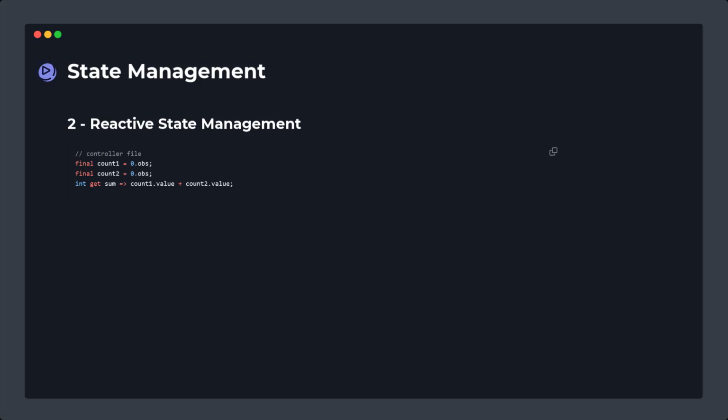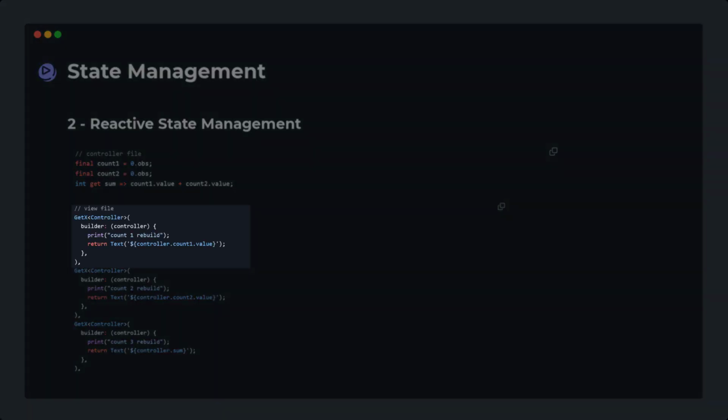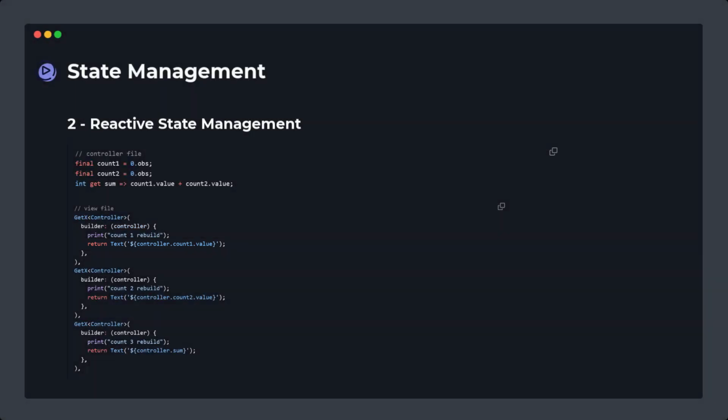Let's say we have two variables, count1 and count2, and then we have a sum, which is going to sum these two values. And we're using GetX. Again, it is going to use the controller and a builder. You can see I'm returning a widget, which is a Text widget, and we are using the obs value, which is count1.value.